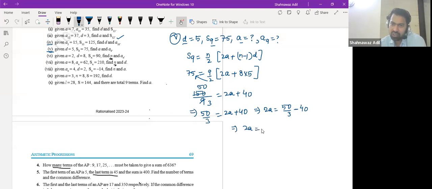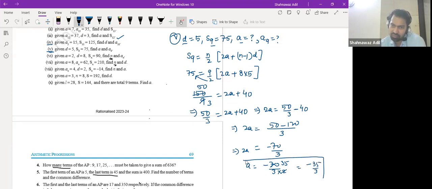So 2a is 350 minus 120 over 3. So this is how much? 70 by 3 is 2a. So a would be minus 70 by 3 into 2. So this would be 35, right? So minus 35 by 3. This is your a, right, Rifa?